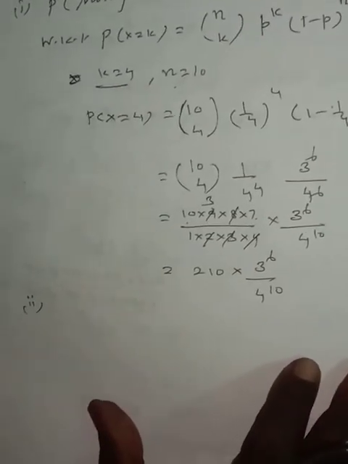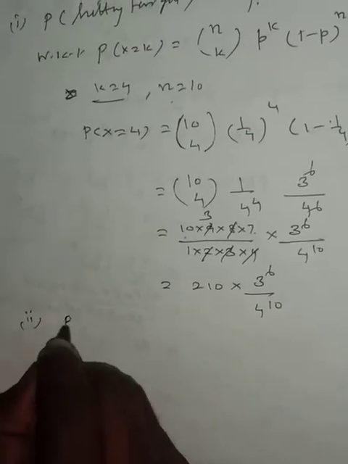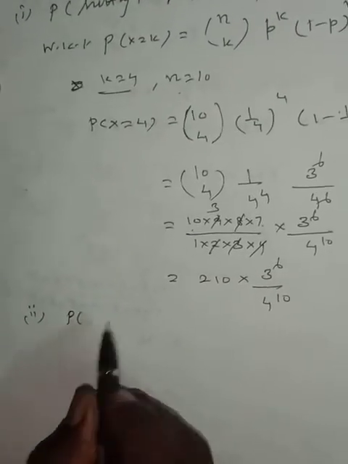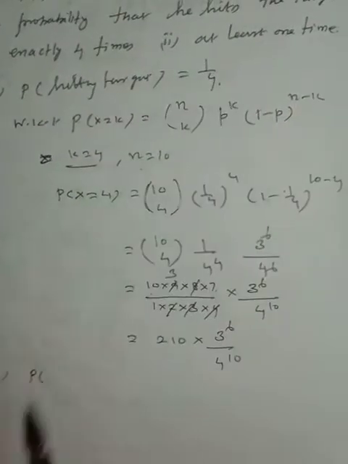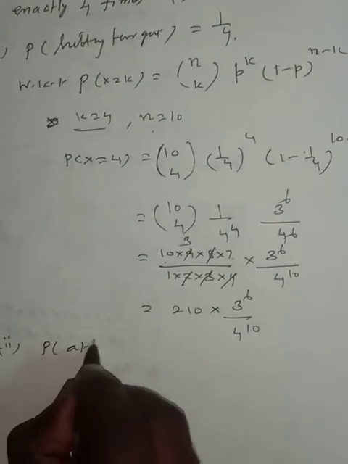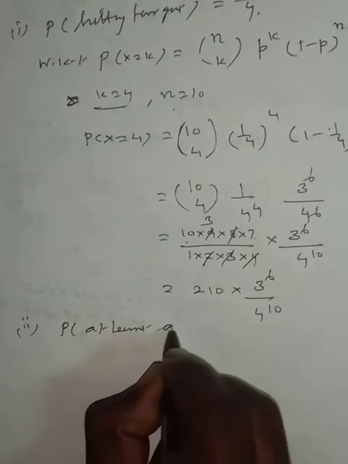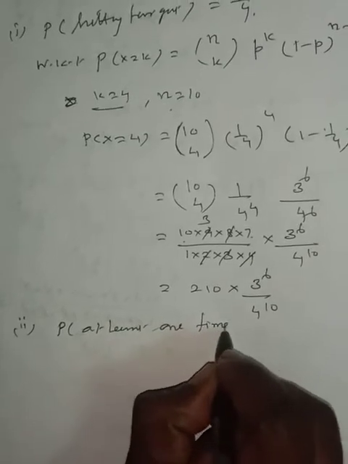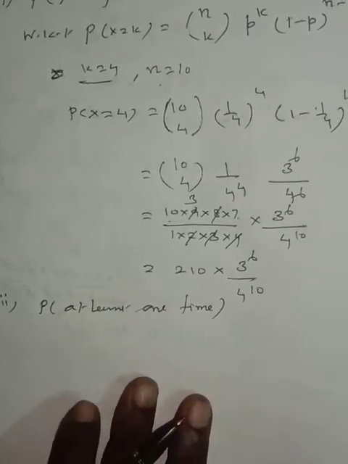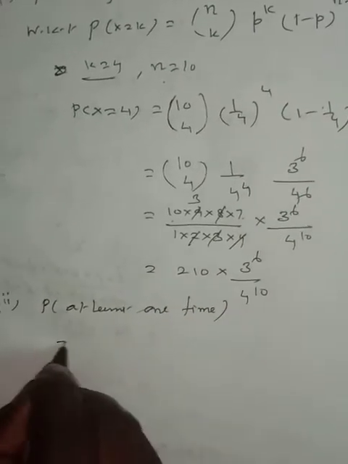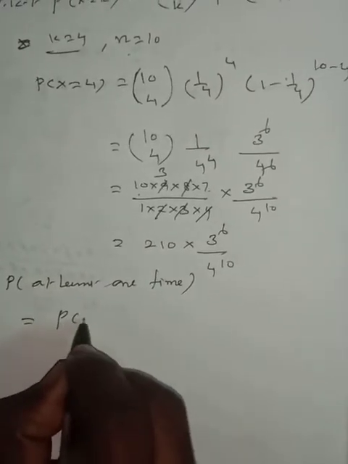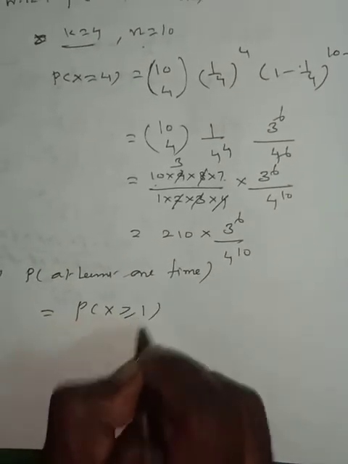Subdivision number 2, probability of at least 1 time. This means P of x is greater than or equal to 1.